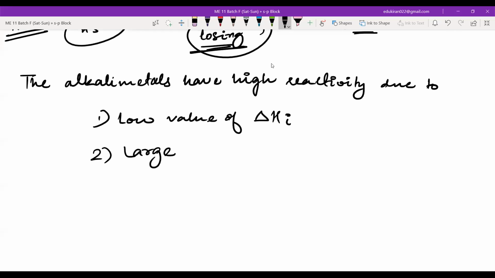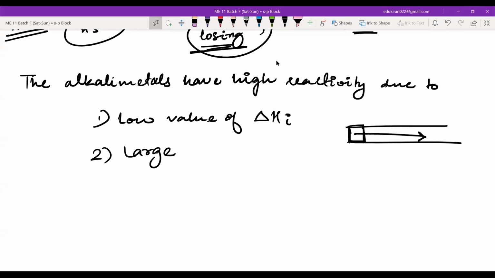Now you will be wondering, how large size, sir? If you look at a period, and if you go from left to right in a period, then the size decreases. That means if I compare all the elements in a period, then we have the group 1 that is coming first, and they are going to have the largest size, because as we go from left to right, the size decreases.